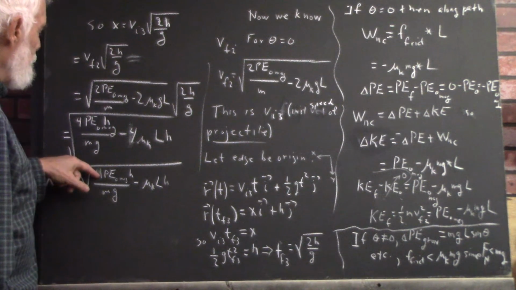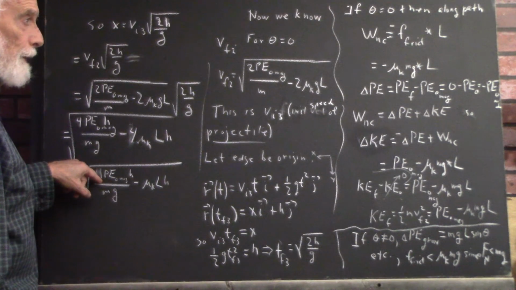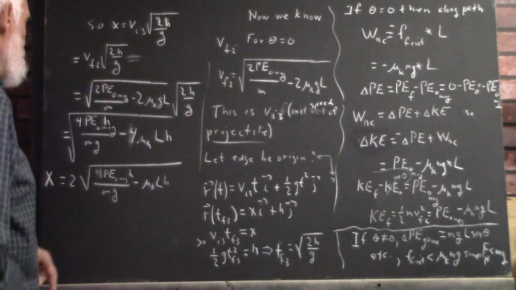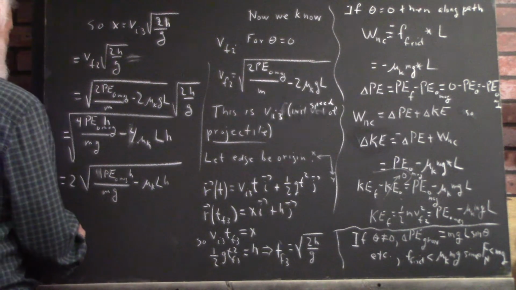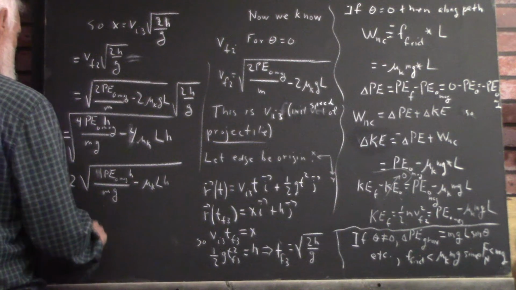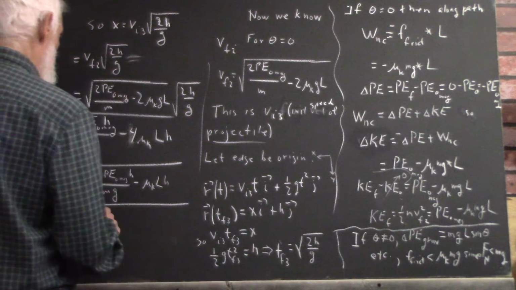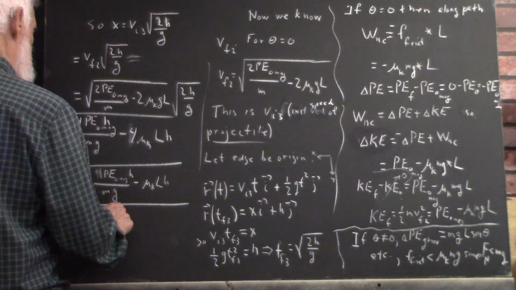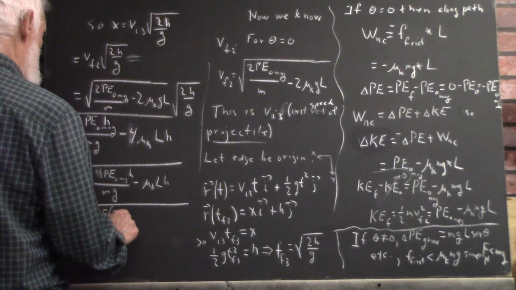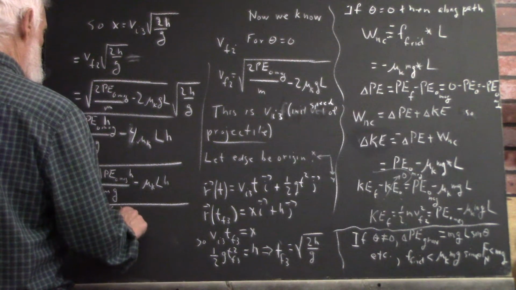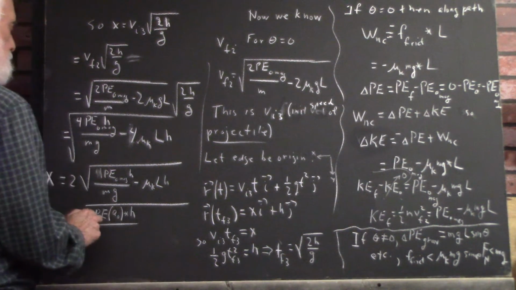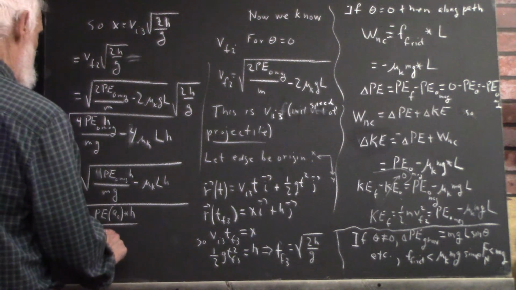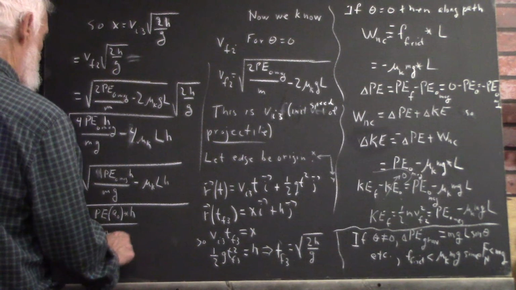A naught is related to your initial potential energy by the graph. Okay? So we could say this is 2 times the square root of potential energy of A naught, where potential energy is regarded as a function of A naught.